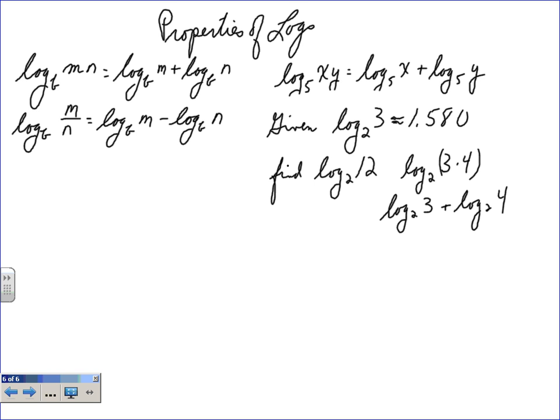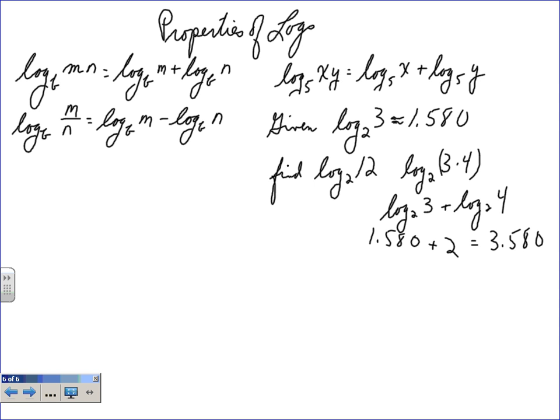What's log base 2 of 3? Given, 1.580. What's log base 2 of 4? 2. 2 squared is 4. And so 1.580 plus 2 is equal to, and these are approximations, 3.580.